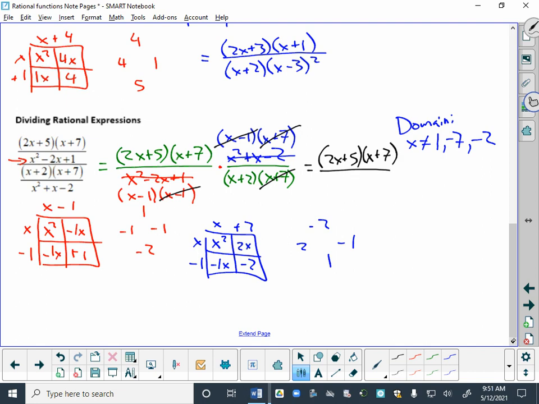And in the denominator, I'm left with an x minus 1 and an x plus 2. So that is finding the domain, that is what a rational expression is, multiplying them and dividing them.